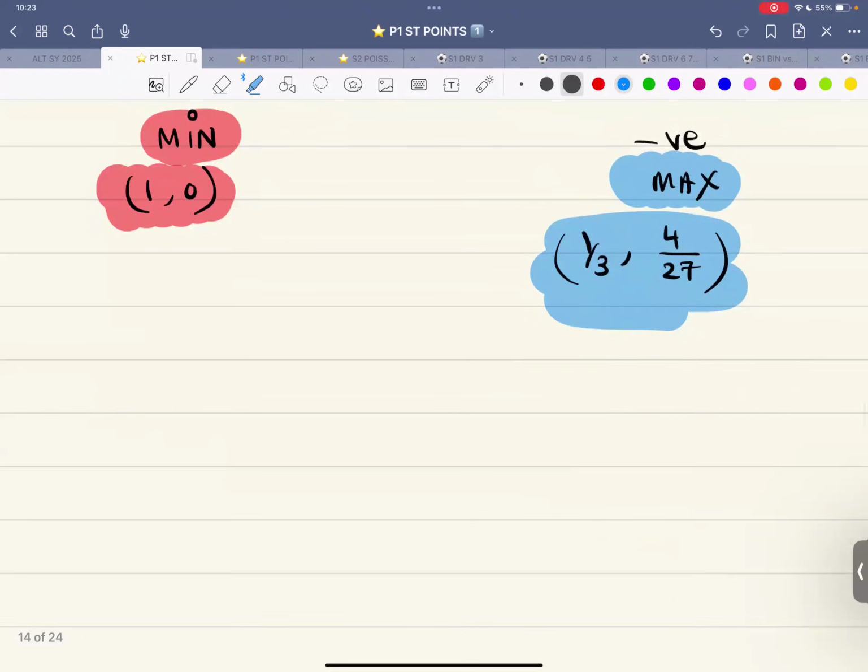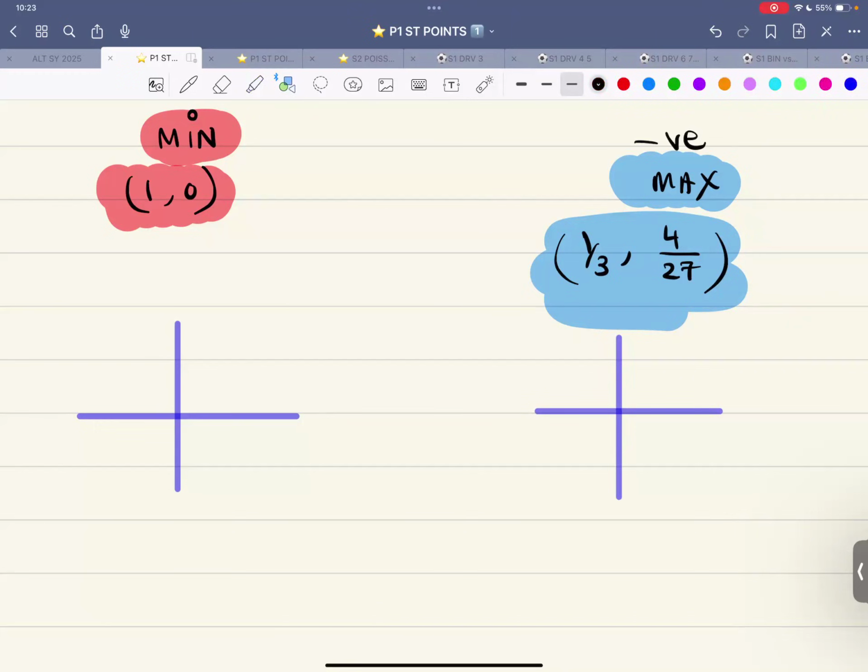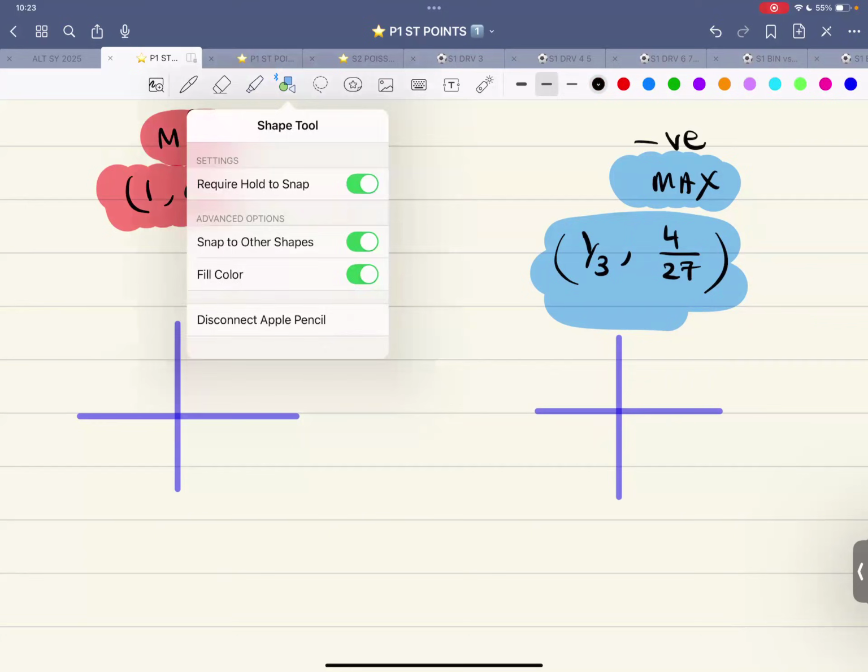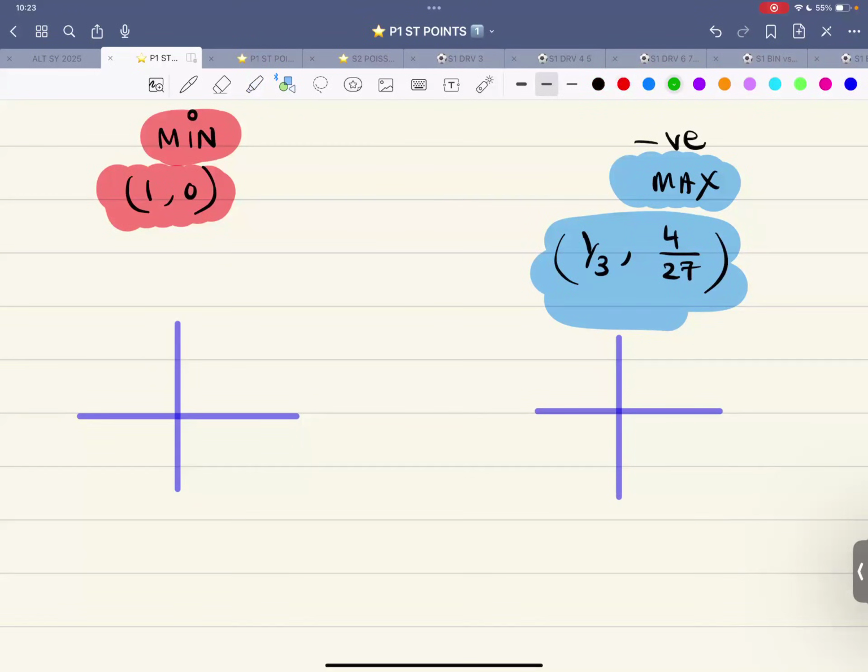Now, based upon my knowledge of cubic equations, let me just draw this thing. So we know the basics: if I draw a cubic equation, whatever we have studied so far, it could be like this, or it could be like this.